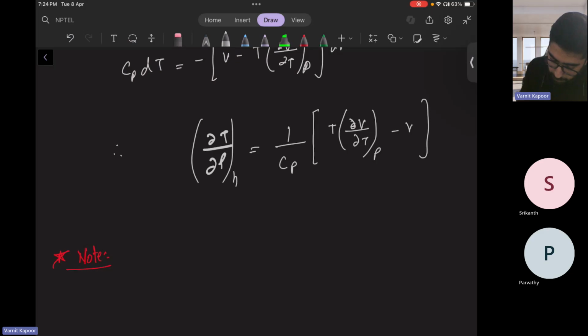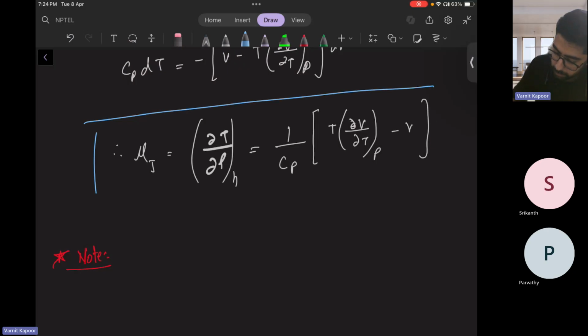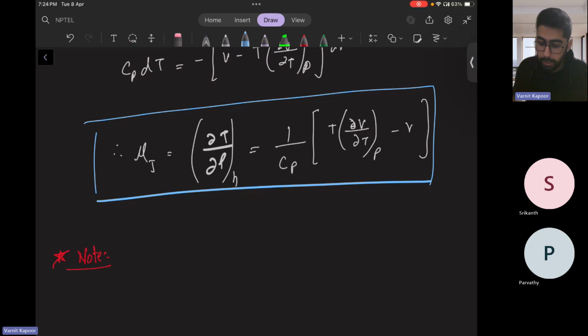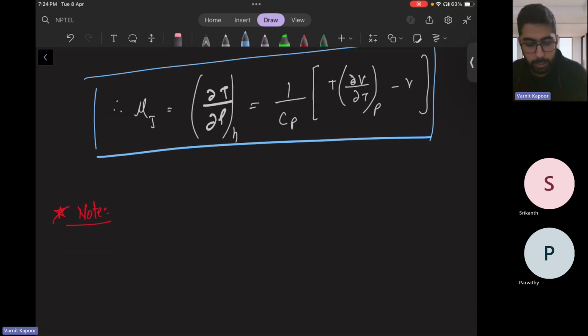Therefore, the expression for mu j is this. Okay. All right. The point to note here is that the value of the Joule-Thomson coefficient for an ideal gas is 0.